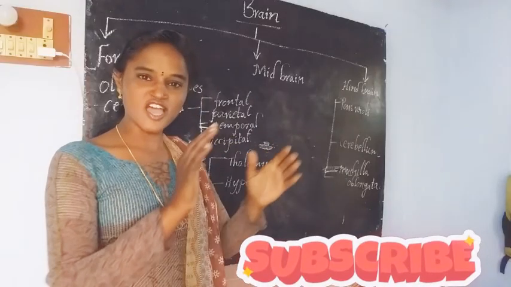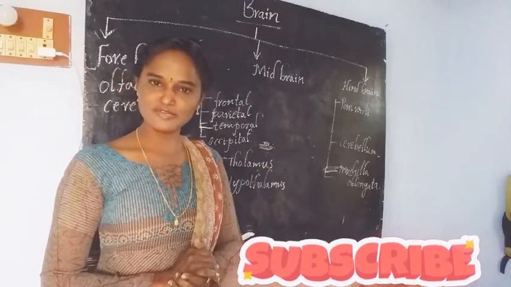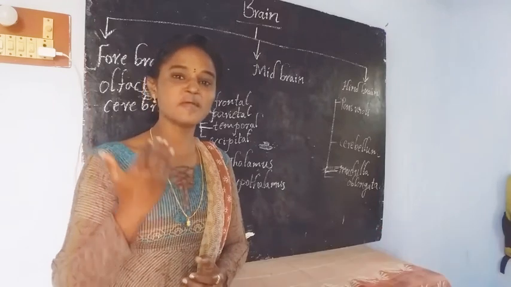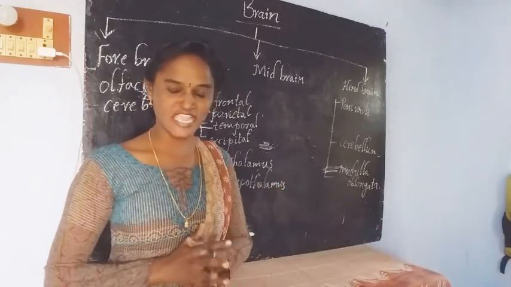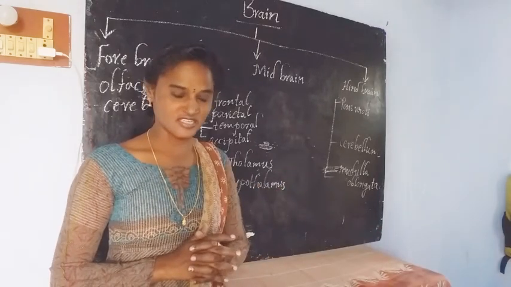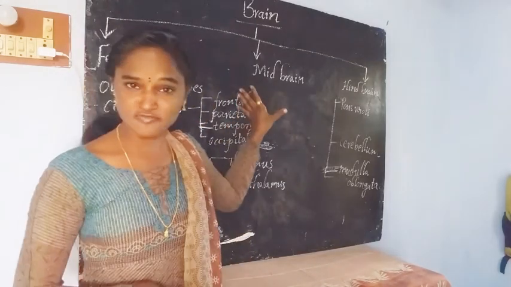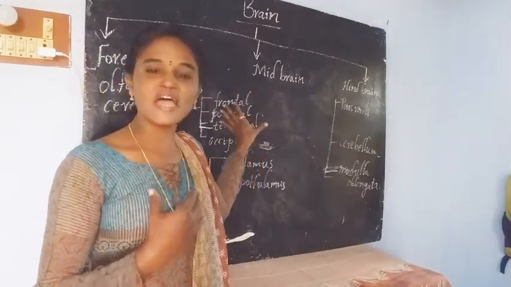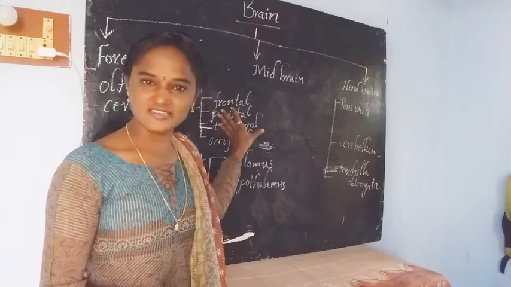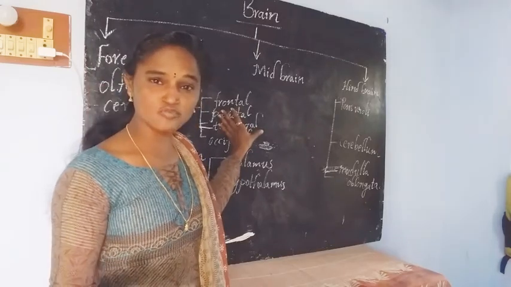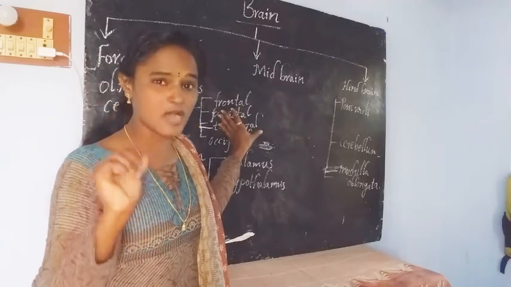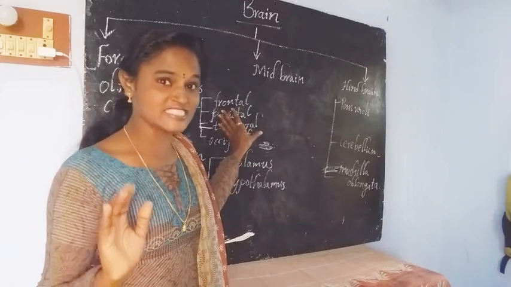Now the flow chart of the brain, which helps you understand and remember the different parts of the brain easily. If you remember this flow chart, it is very easy to write the essay question which carries 4 marks in your final examination.